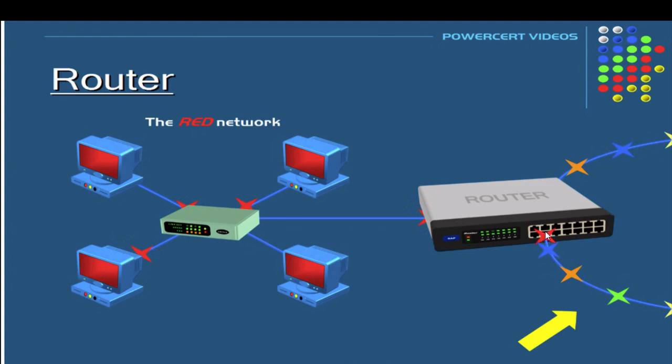So if only the red IP address belongs to this hub, only this data will be diverted to this switch. So the router is simply filtering all the web traffic of different IP addresses. Only an IP address that belongs to this hub or switch will be diverted to these four computers. No other IP address data will come here.